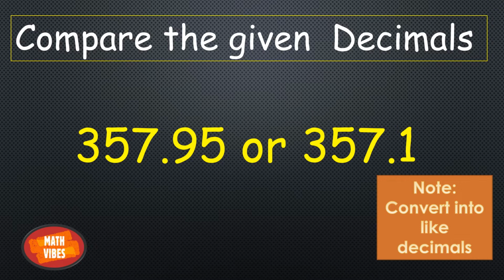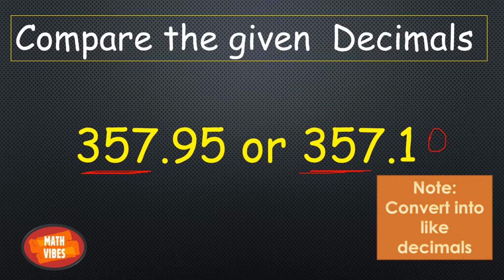But firstly, when we are comparing, you can see that this is 357 and this is 357. Both are 357. The whole parts are the same. Now we have to compare the decimals at the tenths place, but they are not like decimals. So to make them like, I have added 0.